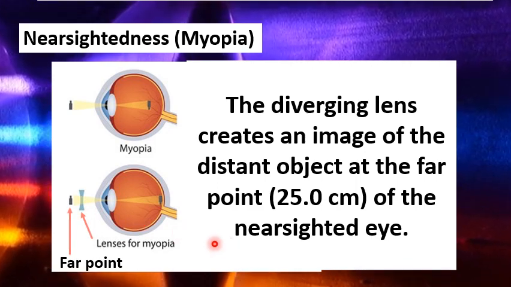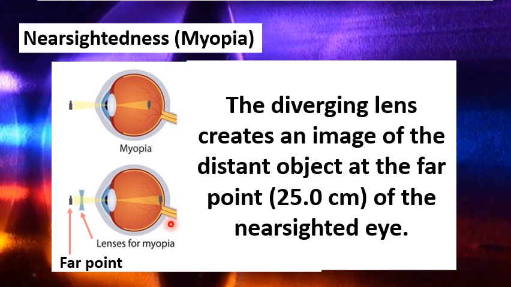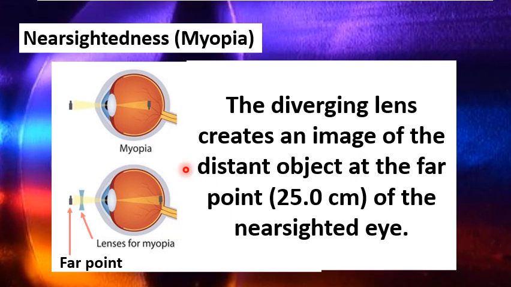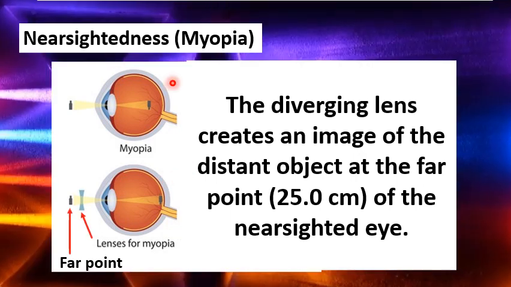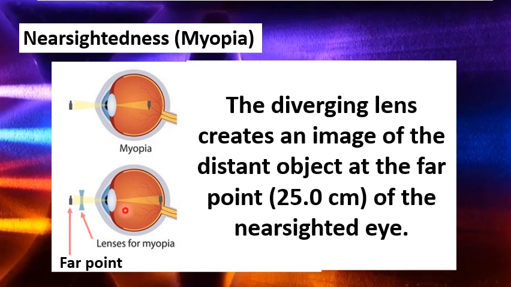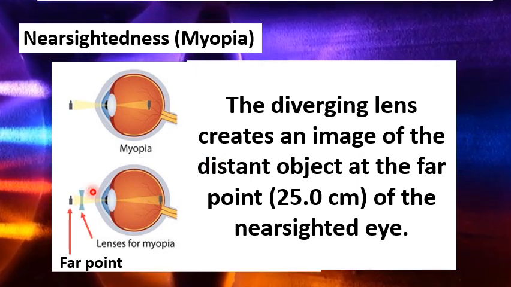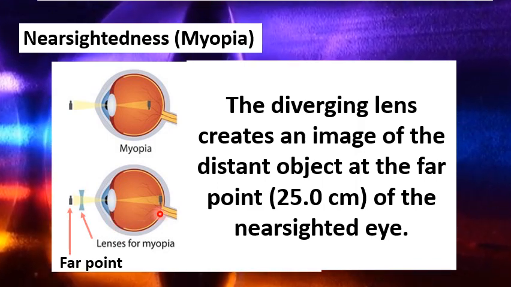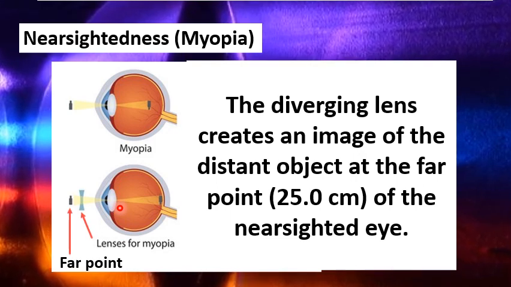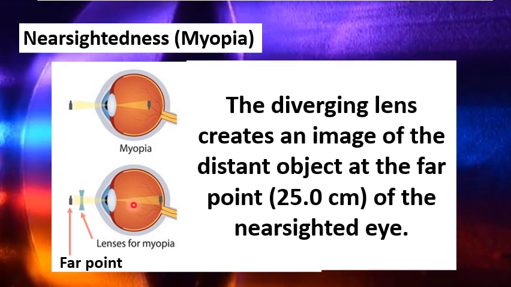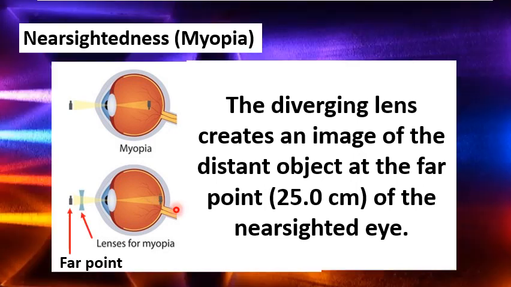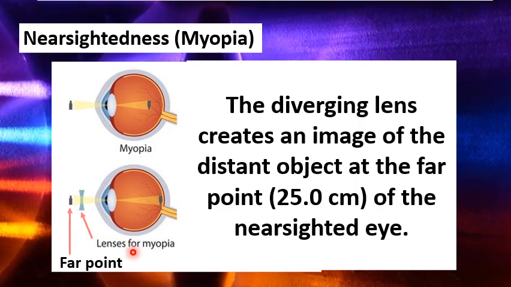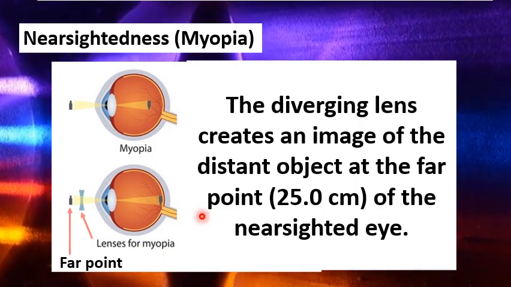So that's exactly what a diverging lens does in correcting this vision defect known as nearsightedness or myopia. Of course, objects closer to the eye, located at a distance less than the far point, are no problem because they can be seen clearly by a myopic eye. The problem is only for objects beyond the far point.